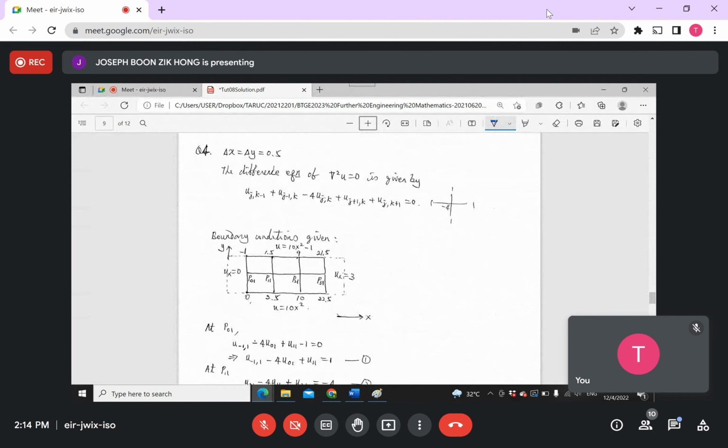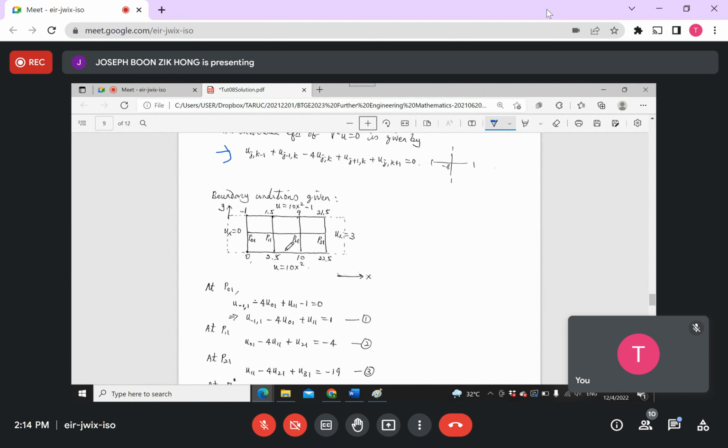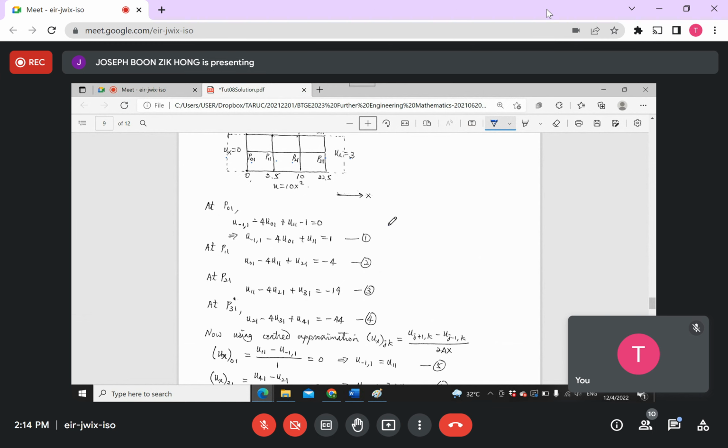Okay, now let's see question 4. So again, we get this equation. So we will have P01, P11, P21, P31. I don't want the... so we will have another two lines in the letter for the U in order to interpret it.